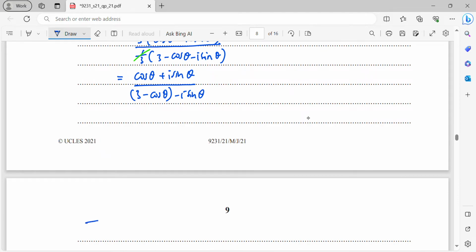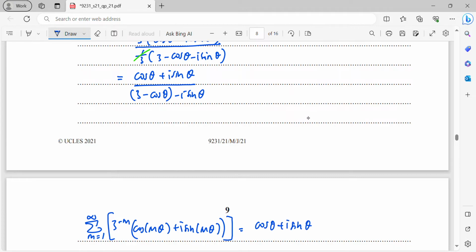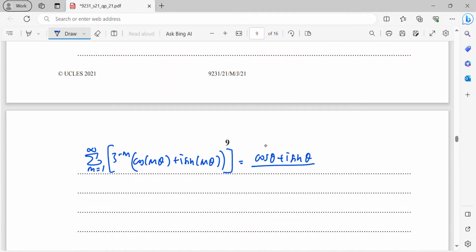Summation m equals 1 to infinity, 3 power minus m, cos m theta plus I sine m theta. Okay, so equals cos theta plus I sine theta over, here I need to do expansion.